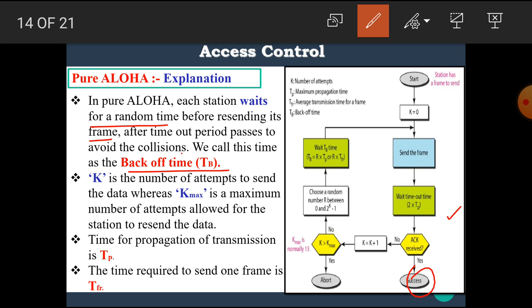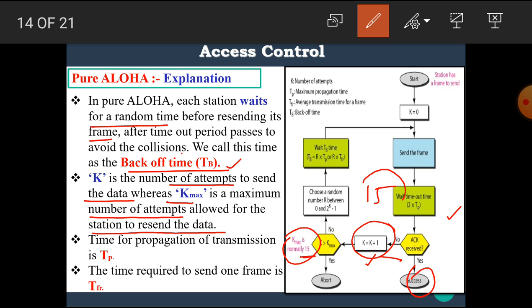This is known as the back-off time and it is calculated using k = k + 1, where k is the number of attempts to send the data, whereas Kmax is the maximum number of attempts allowed for the stations to resend the data. Here Kmax has the value 15. That means we can transmit the same data 15 times.